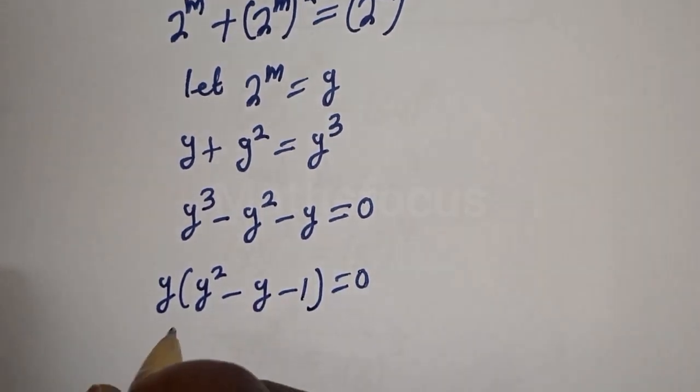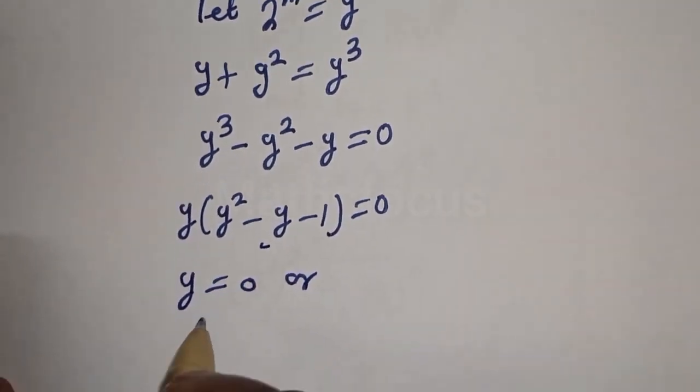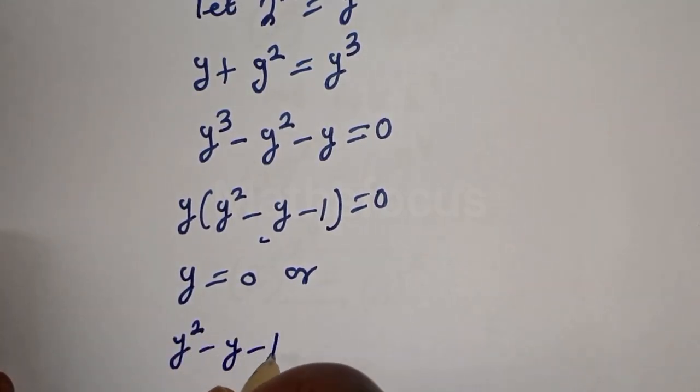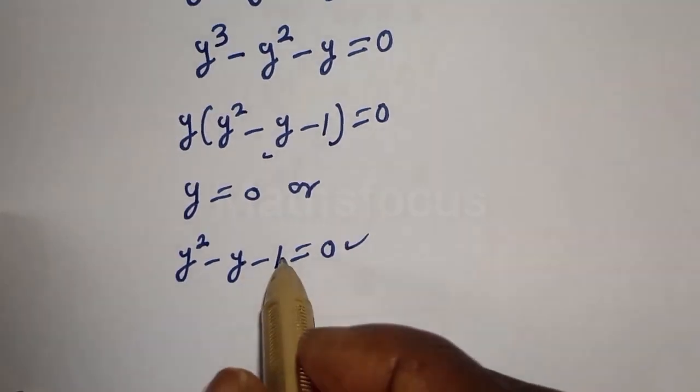There are two cases here. The first case is y is equal to 0, or the second case, y squared minus y minus 1 is equal to 0, and this is a quadratic equation. This can be solved using the quadratic general formula.